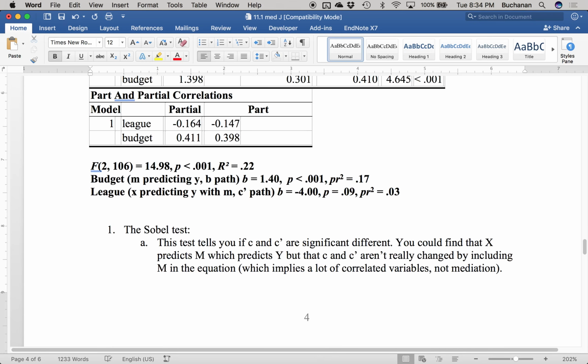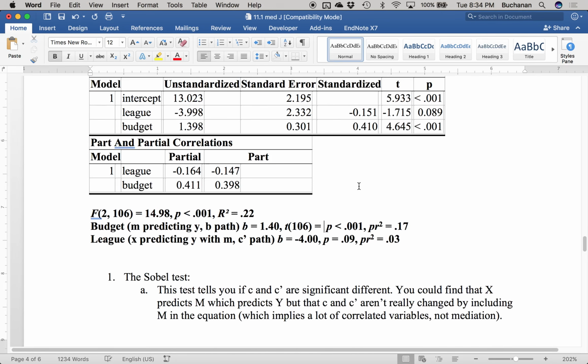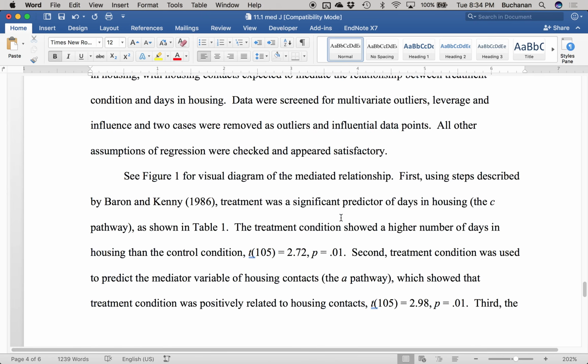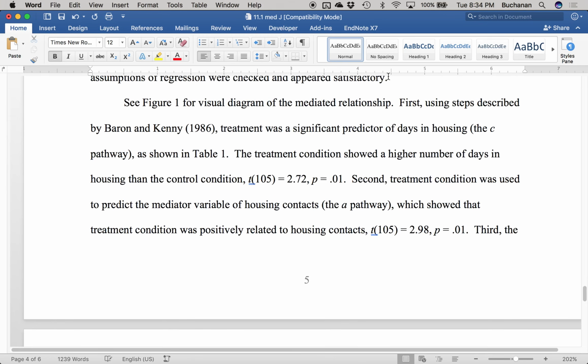Now, how would I report all of these values? And this time it's 106, right? Because our degrees of freedom goes down 1. What I've traditionally done is stuck the F statistics in a table and just reported the B statistics in the write-up, because I'm usually less interested in the F statistics. You'll see that in the example right up here, which is much more boring, about housing, I think.